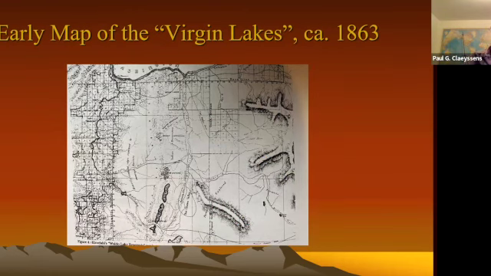You can see where in the Willamette Valley there's lots of plots, a lot of survey had been done for homesteading, and the areas around Bend's over here, and then where Waldo Lake is just says Virgin Lakes. So it may not have been that well known even in 1863 that there were some big lakes up there. People probably weren't really exploring because there were not easy ways to get through.